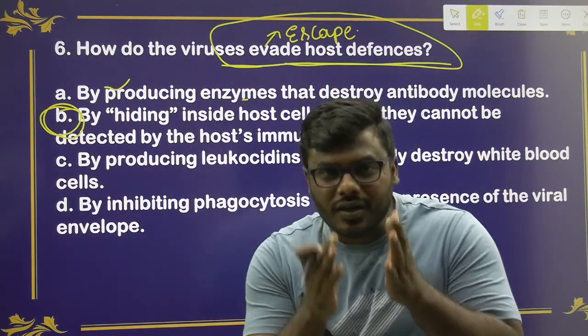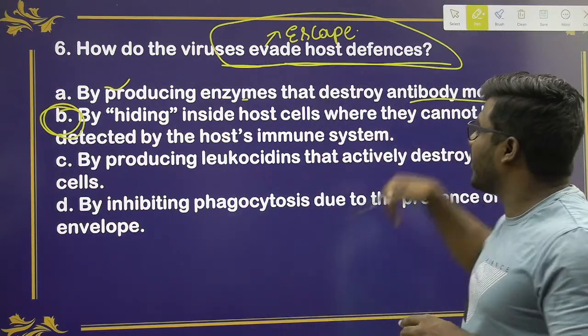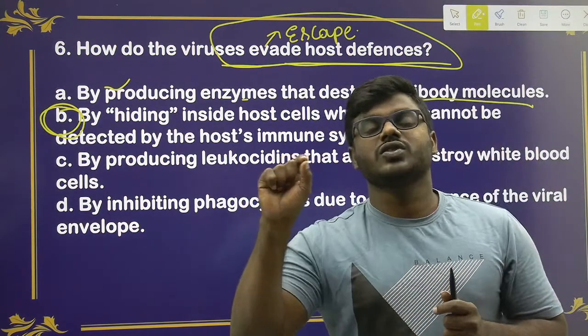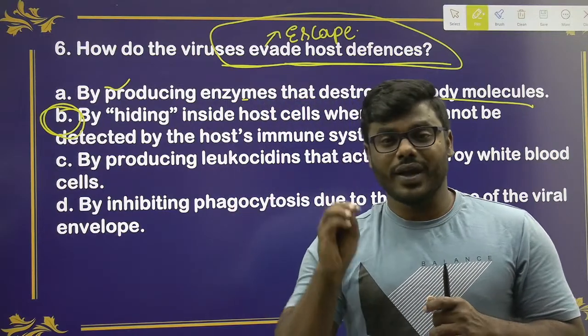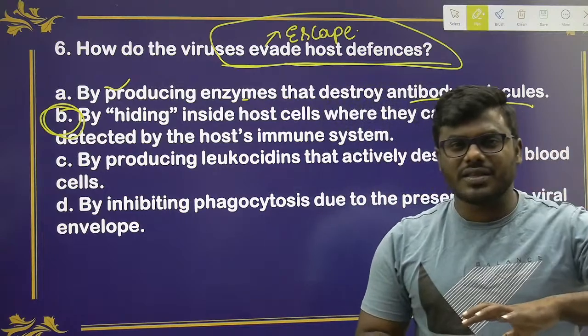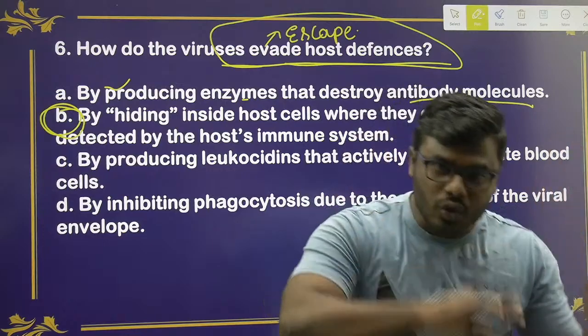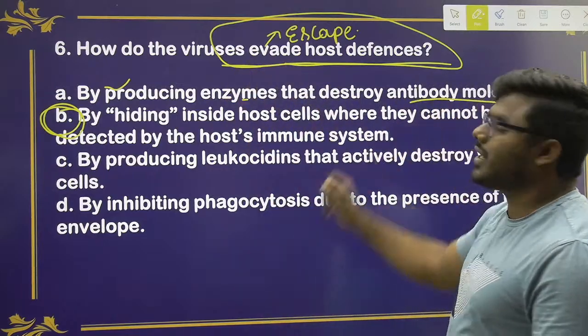If a particular virus wants to secrete certain substances which can destroy the antibody, first of all, the virus has to enter inside the cell. Once it enters the cell, the virus gets replicated, then it produces certain proteins. Those only will go and destroy the antibodies.